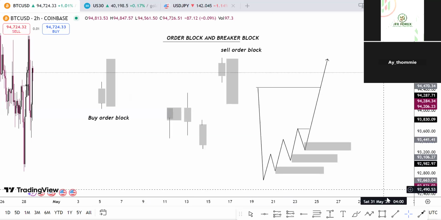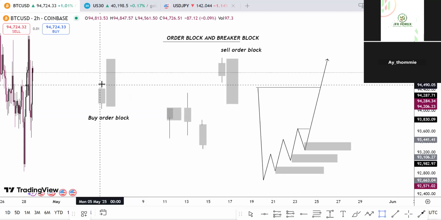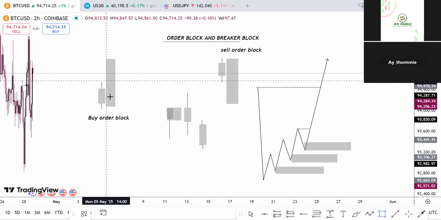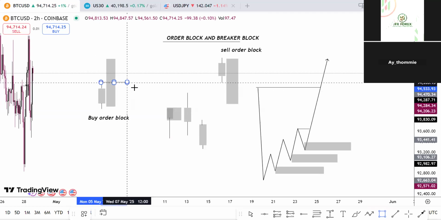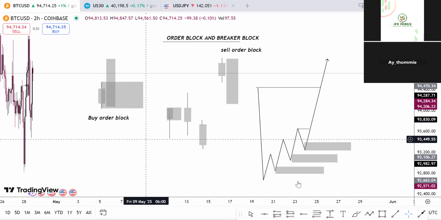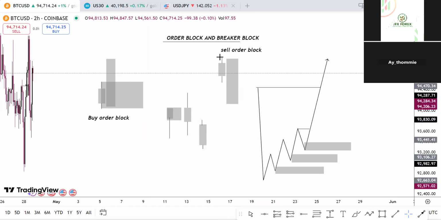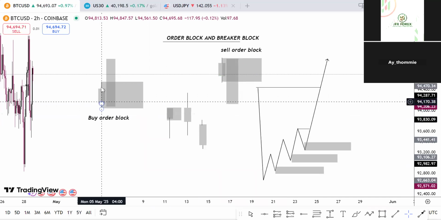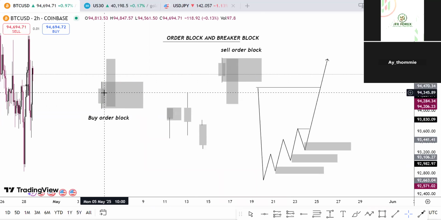And for this particular guy here now, I'm going to mark the whole body candle if I'm marking it out. Same thing as this. Because the wick and the body candlestick is almost equal.